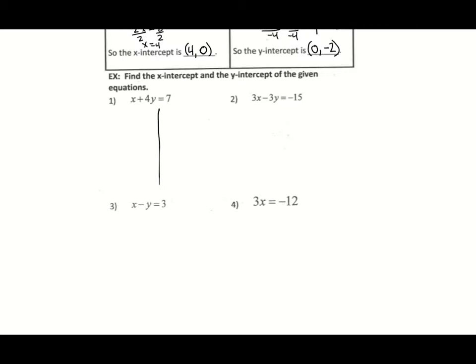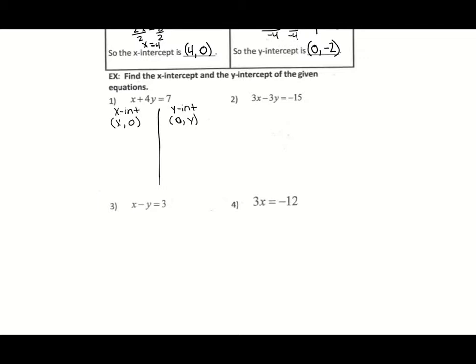If we have our x-intercept on this side, y-intercept on this side, our x-intercept is x, 0, and our y-intercept is 0, y.